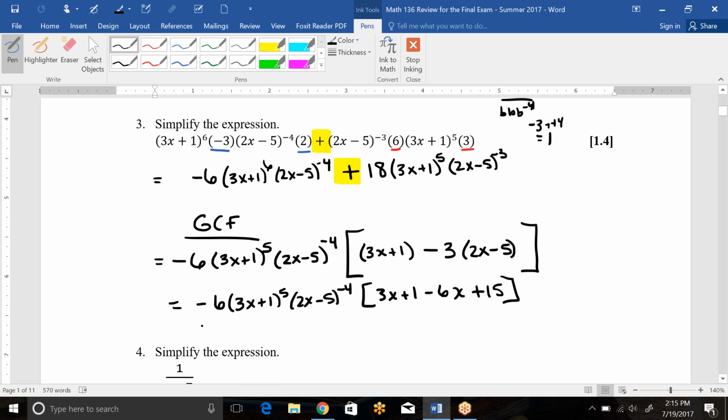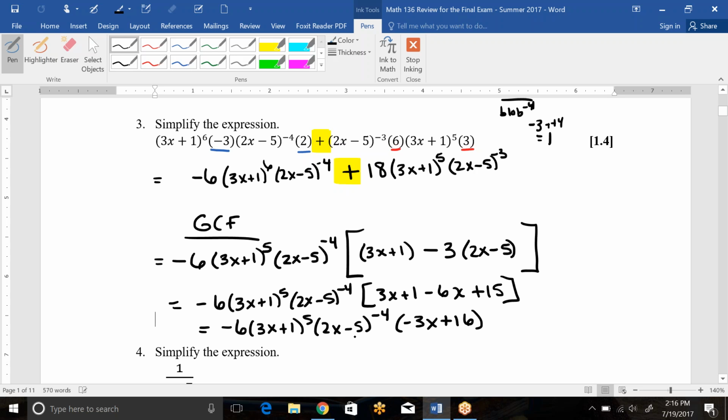I can combine the like terms inside. 3x minus 6x would be negative 3x. So see, I did get a negative as a leading coefficient inside here. It's not the end of the world, and honestly, it doesn't matter to most people. It depends on your professor whether or not you have to fix that at the end. And then 1 plus 15 is positive 16.